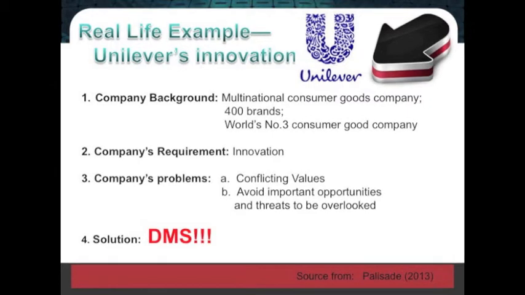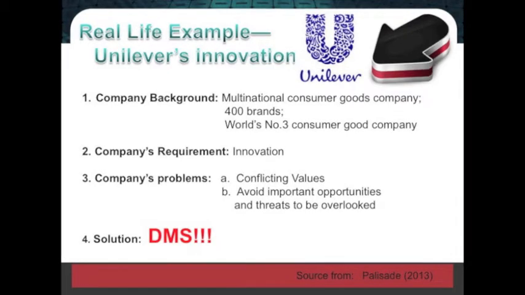Unilever was the number 3 consumer goods company in the world in 2012 after P&G and Nestle. As the company realized that the competition in the industry is getting more and more intense, it decided to innovate.